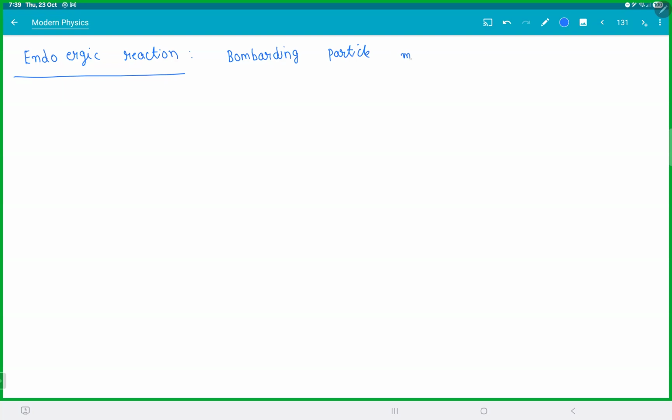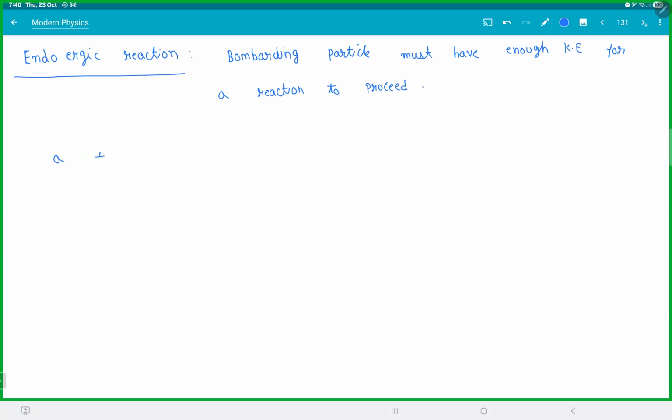The bombarding particle must have enough kinetic energy for a reaction to proceed. That means, let's say in a particular reaction, you have to supply energy. Let's say you have to supply 100 MeV. So how much energy should this bombarding particle have so that the reaction will occur?